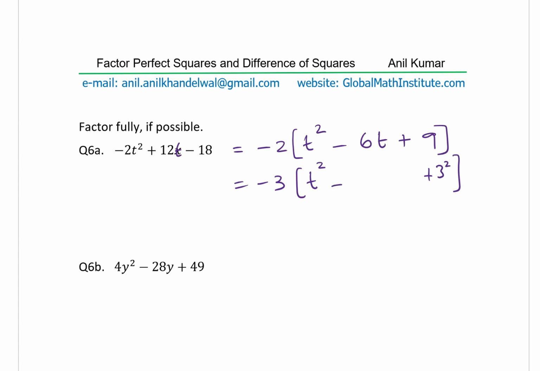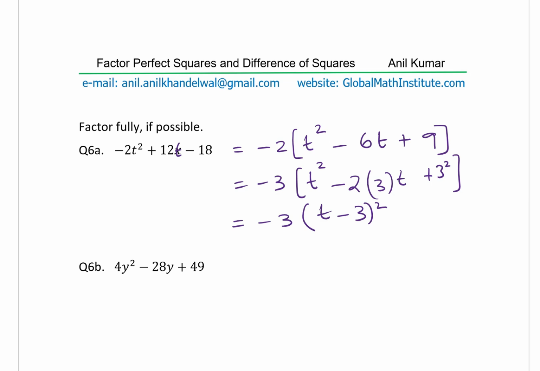The center term could be written as 2 times 3 times t. That means it is a perfect square. So I could factor and write this as minus 2 times t minus 3 whole squared. So that is how we could factor it.